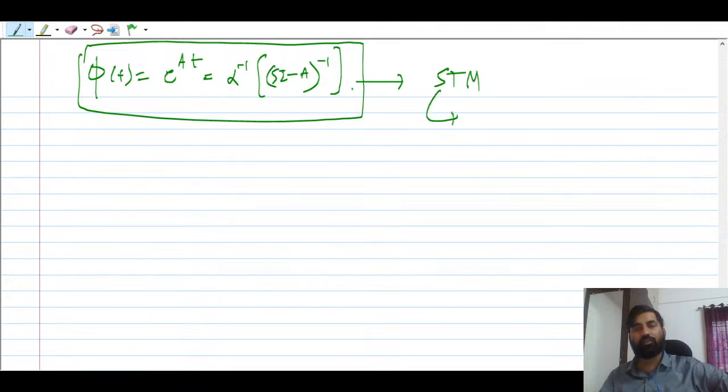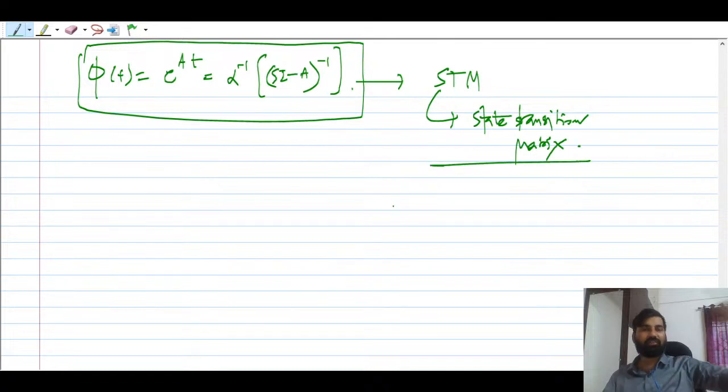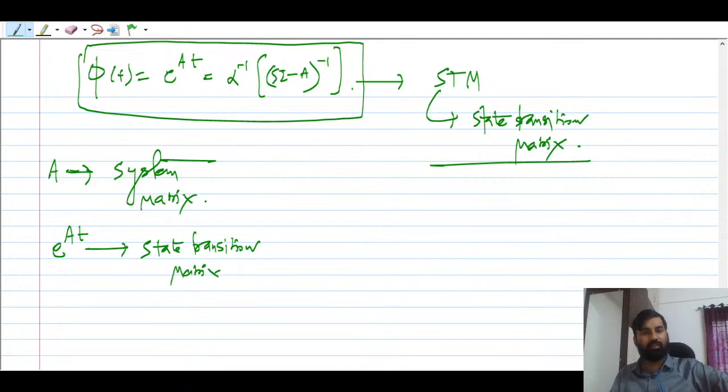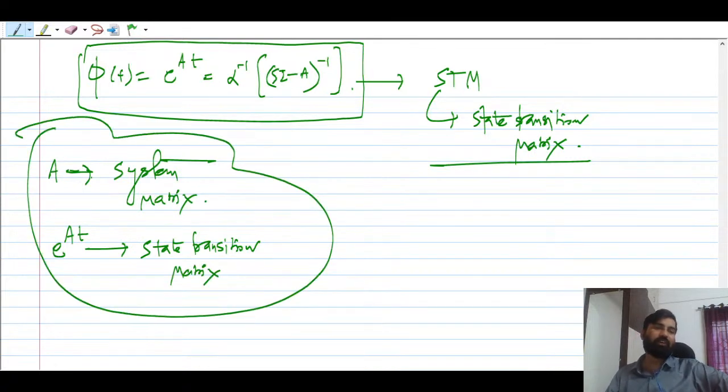We call it the STM, the state transition matrix. So what is the difference between the system matrix and the state transition matrix? A is the system matrix, and e raised to power At is the state transition matrix. Note this down separately, because many people get confused between A and e raised to power At.